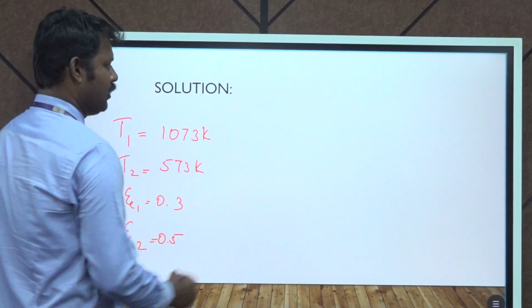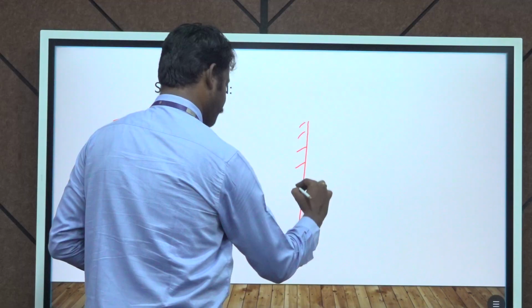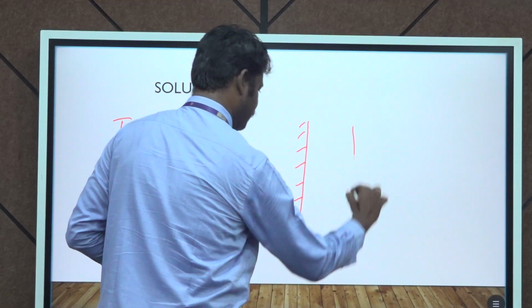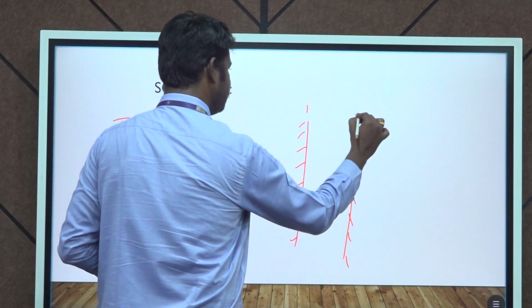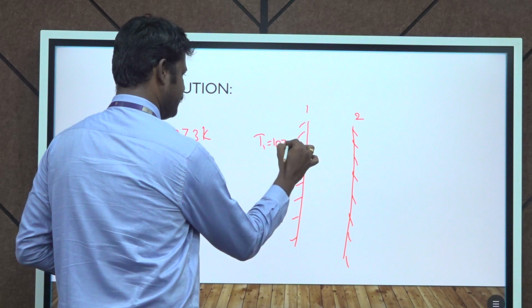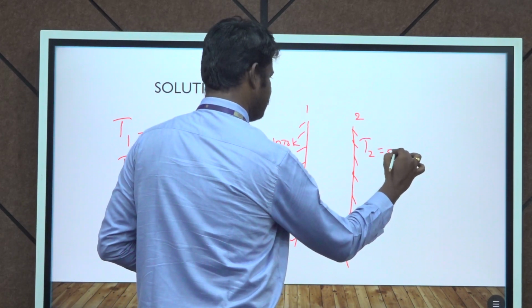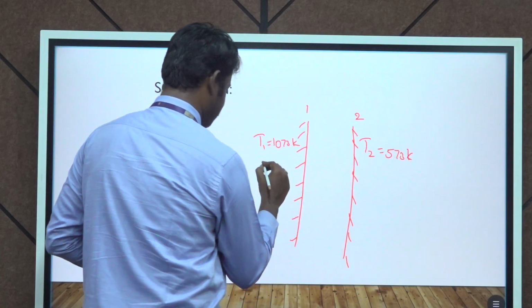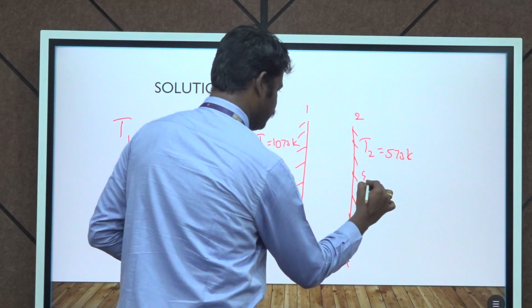Let's make a small diagram so that we can understand it clearly. These are the two parallel plates, this is one and this is two. One has a temperature of 1073 Kelvin and the other 573 Kelvin, with emissivities of 0.3 and 0.5.